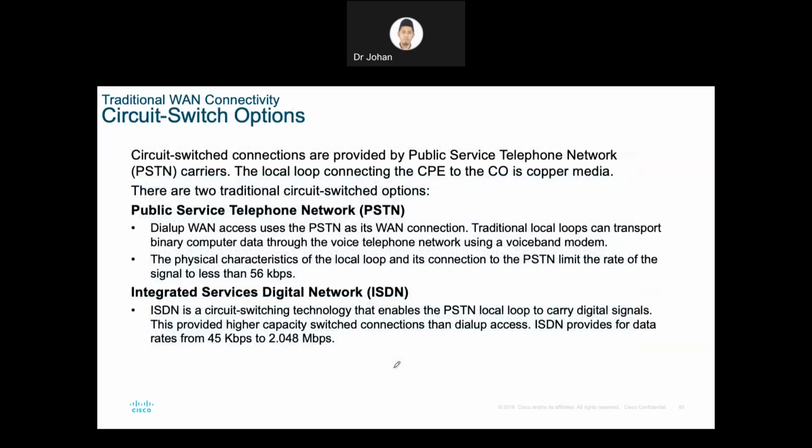Circuit switched options. Circuit switched connections are provided by the public switched telephone network, PSTN, carrier. The local loop connecting the CPE to the CO is copper media. There are two traditional circuit switched options: PSTN and ISDN. With PSTN, there is one access connection.